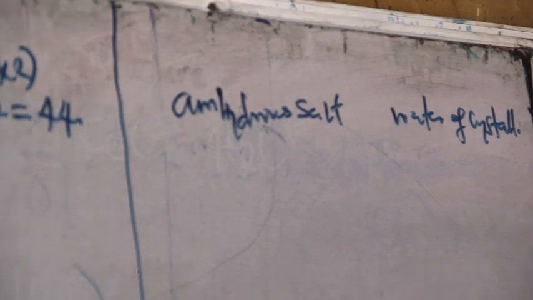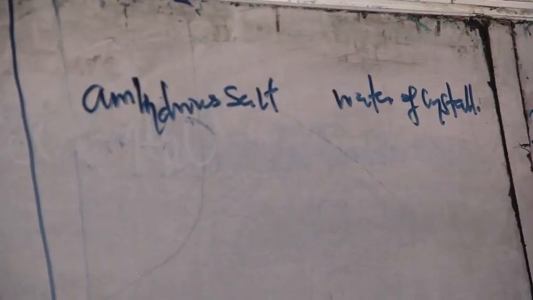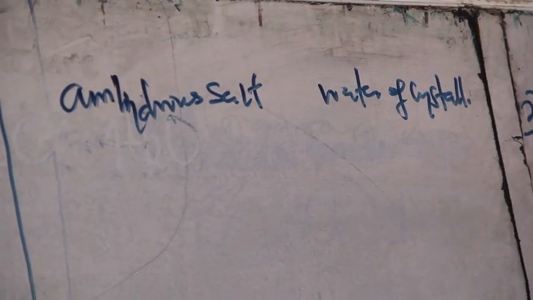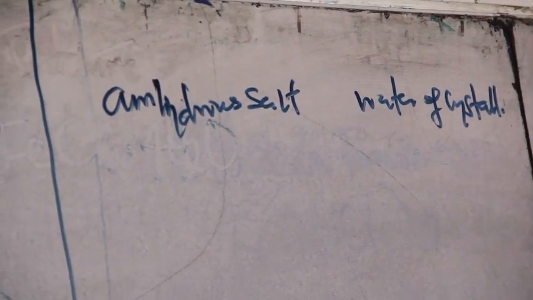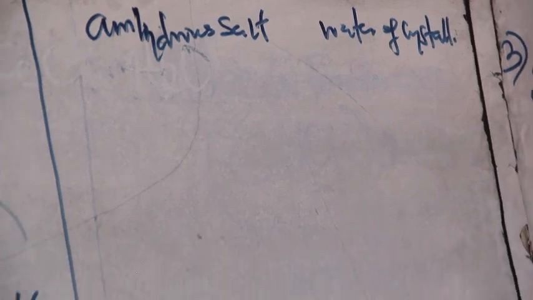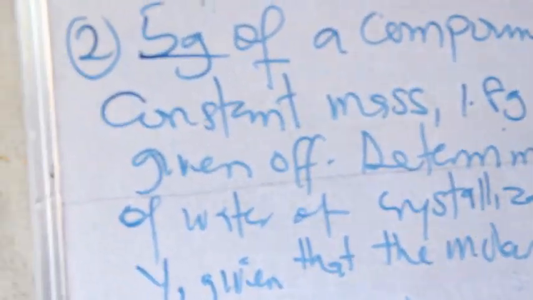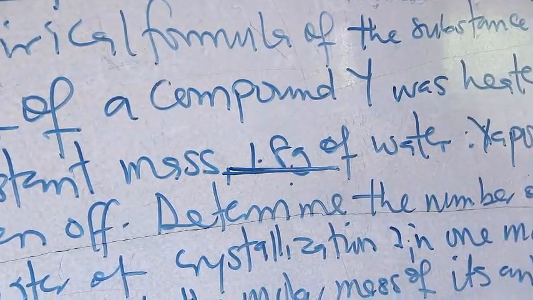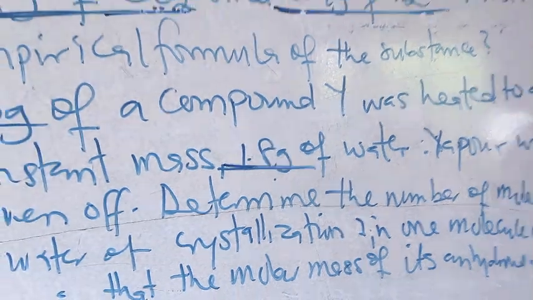What will be the mass of anhydrous salt from what is given here? We are given the mass of hydrated salt, which is 5, and we are given the mass of water of crystallization, which is 1.8.